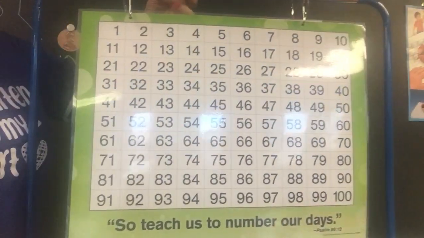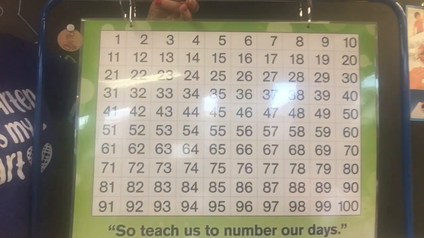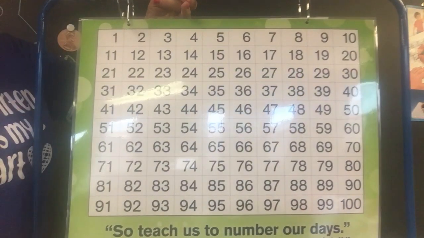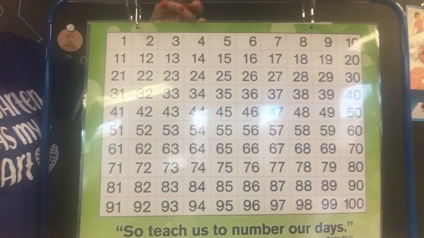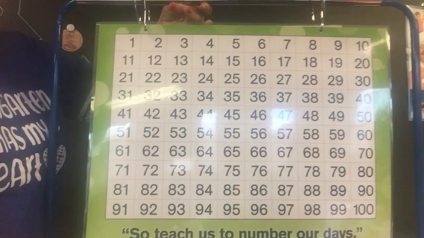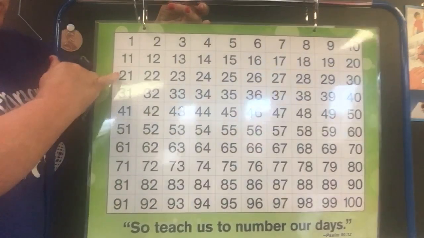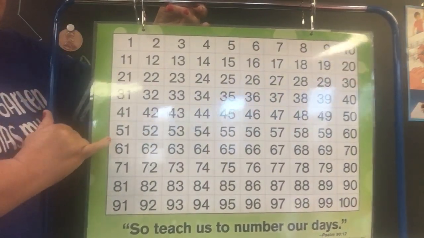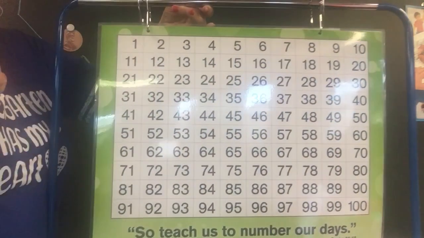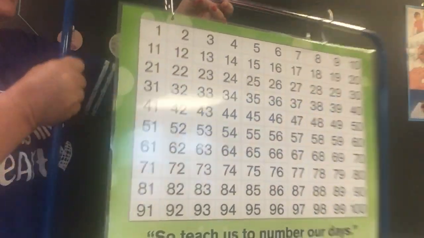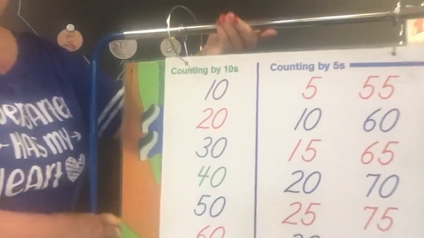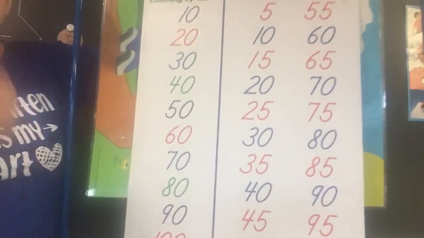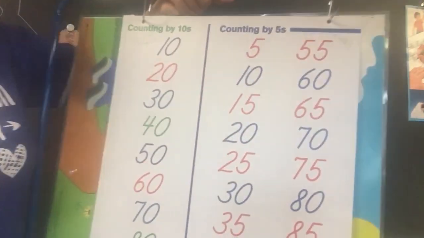So you have your number chart from 1 to 100 that you should be practicing every day. I want you to look at the families. Remember, when you're counting, all of the families, watch how they begin. The 20 family, 30, 40, 50, 60, 70, 80, and 90 family, okay? Then you should also, on the back, be counting by fives, okay?